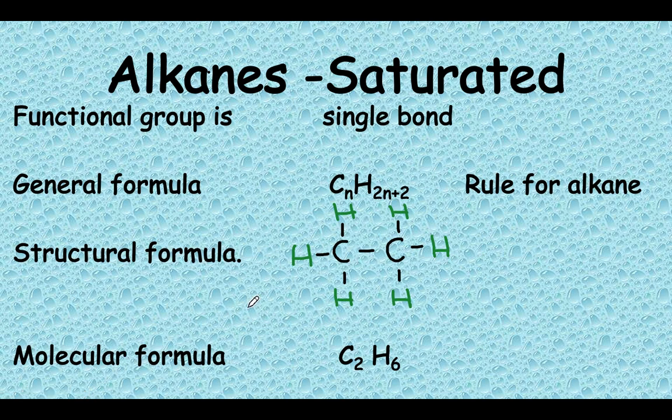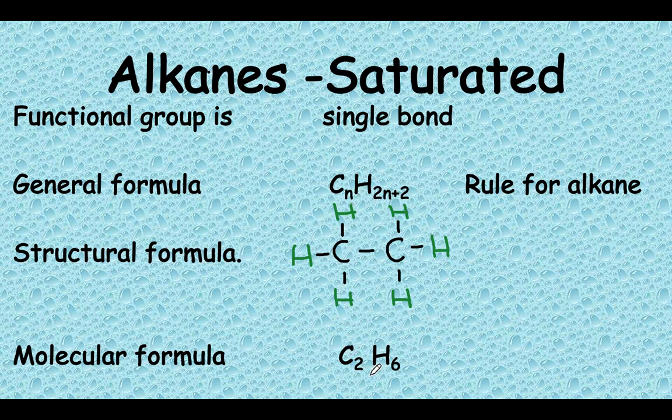Now the alkanes homologous series, they are saturated compounds and they have the same general formula, CnH2n plus 2. They have the same functional group. They have the same chemical properties. In the general formula CnH2n plus 2, the n means the number of carbon atoms.